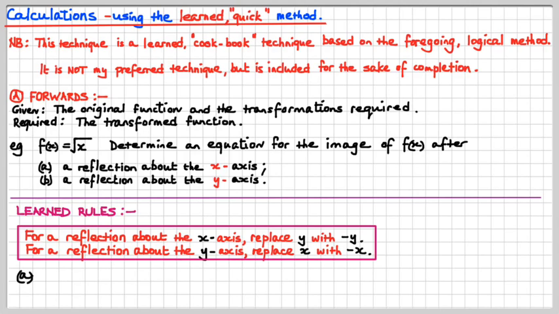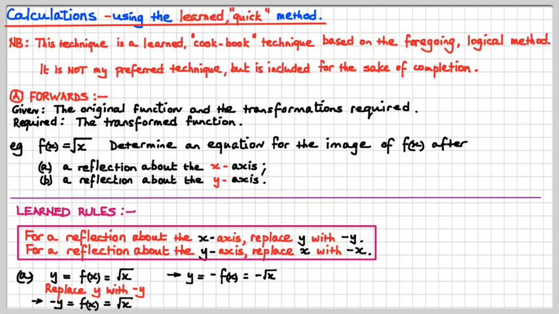Now, question A. What are we doing? We're reflecting about the x-axis, so there's our original statement, y equals f of x equals root x, and to reflect about the x-axis, you replace y with minus y, so you get that. Now, you always solve for y, so therefore you say y equals minus f of x equals minus root x, okay? And that's our answer.